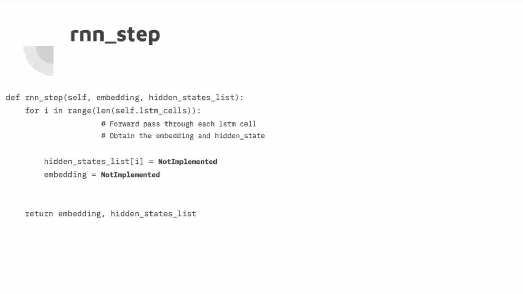You take the output and you store the updated hidden state to your hidden states list, so that you can still invoke it. So this is what you do in the RNN step function. You have your embedding, you feed it through all LSTM cells, but then you have to think about how you're going to manage those hidden states and cell states. And then in the end, you return these two things.